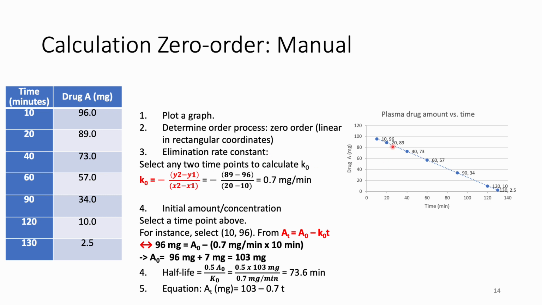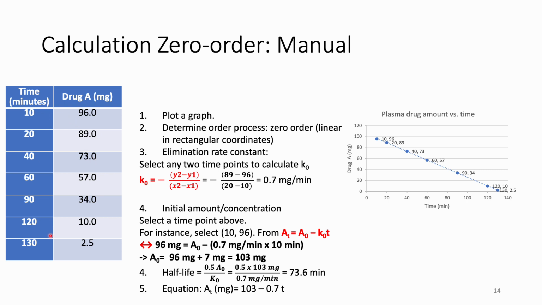The next step, I will calculate the elimination rate constant. Because it follows zero-order kinetics, I follow the equation K0 equal to minus (Y2 minus Y1) divided by (X2 minus X1). For example, I have X1, Y1, X2, Y2, X3, Y3, and so on.